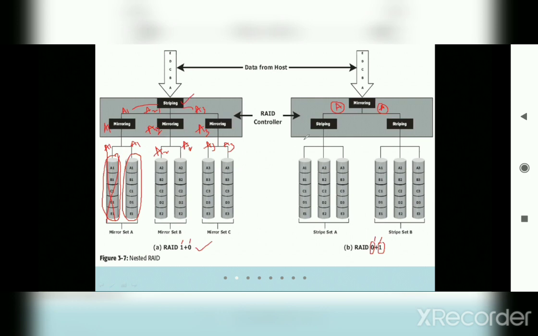Stripe means A1, A2 and A3, where it will be written into all three disks. Please remember that. Here again, it is mirroring, done as A1, A2 and A3. It will be divided into chunks.